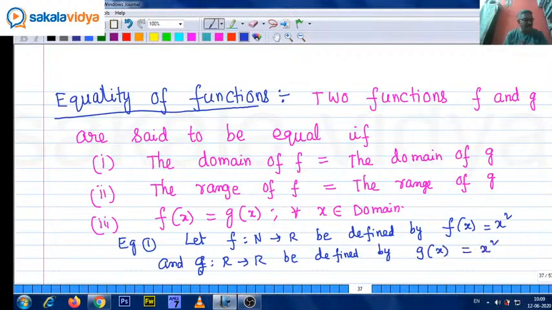Now can they be equal? See, you check it here. Domain of f is the natural numbers. Here domain of g is the real number system. N is a subset of the real number system, but the domain of f is not the same as the domain of g. So they are not equal. Therefore, f and g are not equal functions.